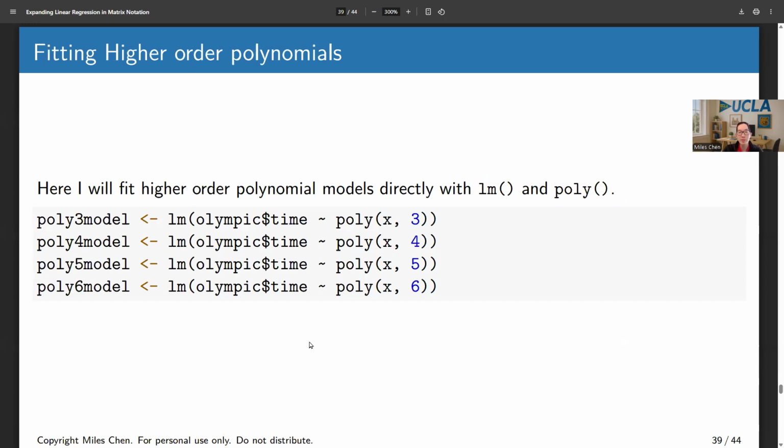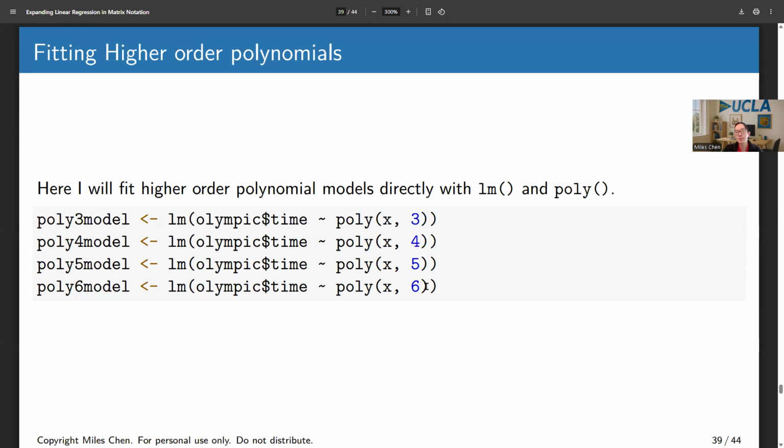So just for fun, I'm going to fit a third order polynomial model, a fourth order, a fifth order, and a sixth order polynomial model. And the poly function makes it really easy because I can just say, predict time using a third order polynomial, fourth order, fifth, and sixth order polynomial, rather than having to create that matrix, where I'm binding the column of ones, the column of x, the column of x squared, x cubed, x to the fourth, x to the fifth, x to the sixth.